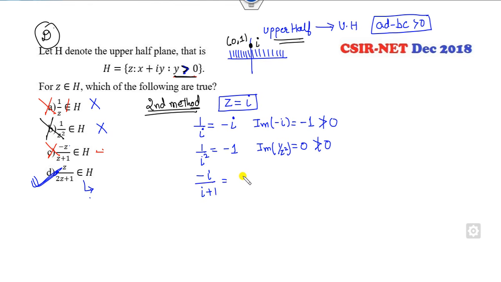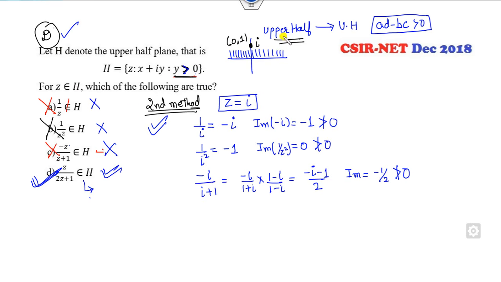If I rationalize it, multiplying by 1 minus iota, the denominator will be 2 and the result is minus 1 plus iota over 2. So what is the imaginary part of this? Minus half, which is again not greater than 0. So this option is also cancelled. Only option D is the right answer. So you can use either upper half to upper half or this substitution method.